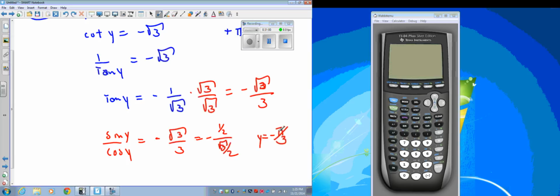Pi over 6. Yes, negative 30, right? Or negative pi over 6, right? Because sine would go negative 1/2 because it's 0 at 0, and the cosine is going to be square root of 3 over 2. So that would be it.